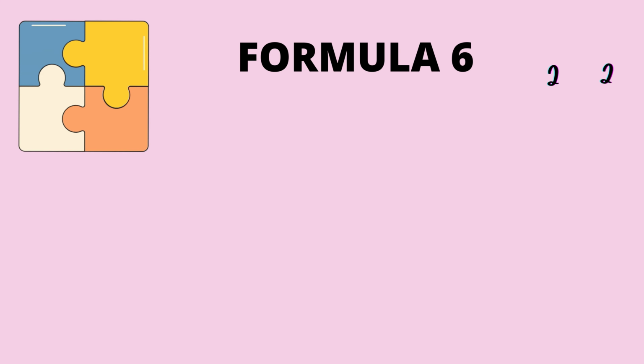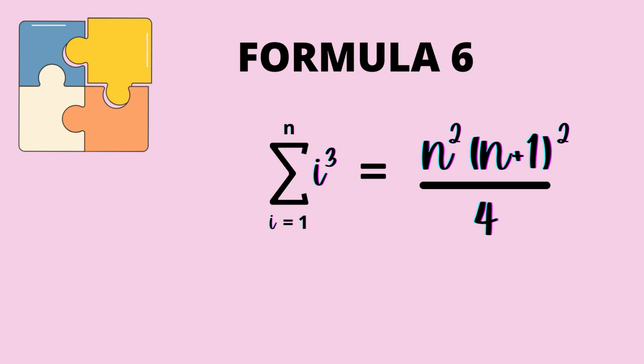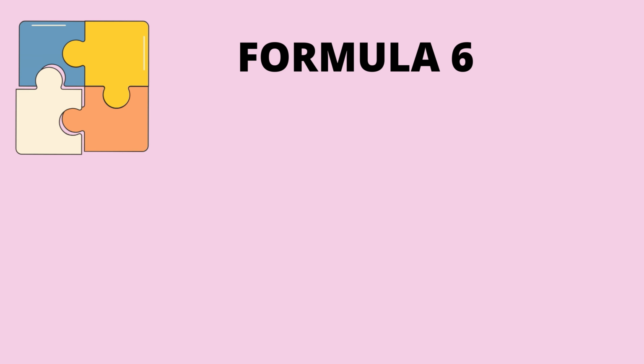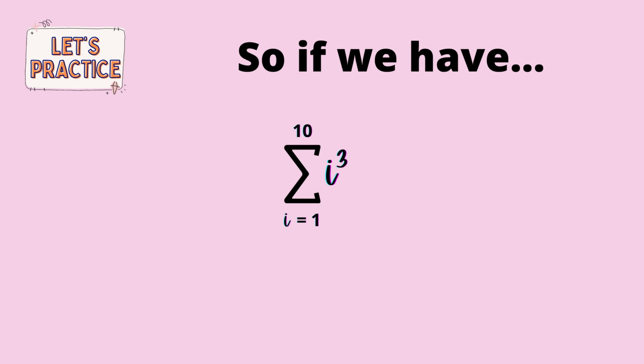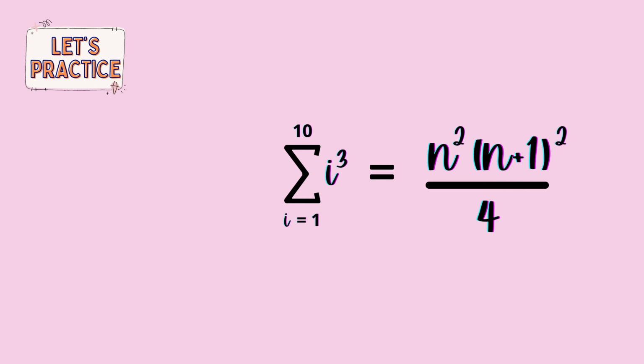Our last formula allows us to add all the numbers from 1 to n, when they are raised to the third power, or cubed. Instead of getting their cubes and adding them, we can use this formula. Say for example, we have the summation of i cubed, as i goes from 1 to 10.